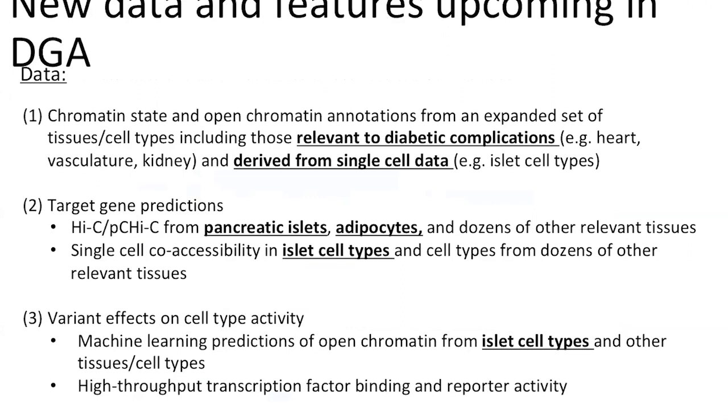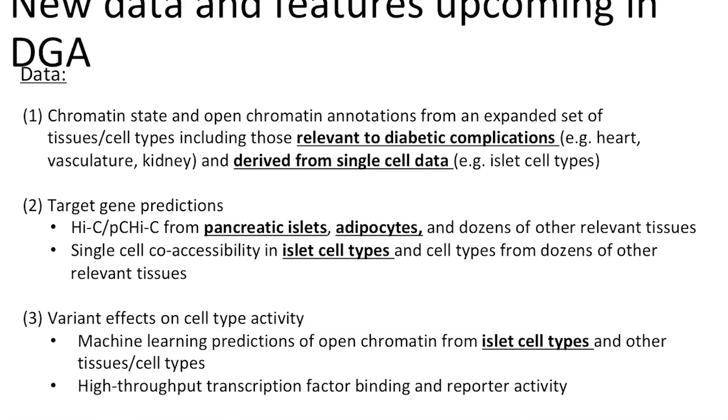I'm going to quickly iterate what Maria mentioned, the new data sets and upcoming features in DGA, that would also be integrated into the T2D Knowledge Portal. So we are going to have additional chromatin state annotations and accessible chromatin annotations from complication tissues and cell assays.